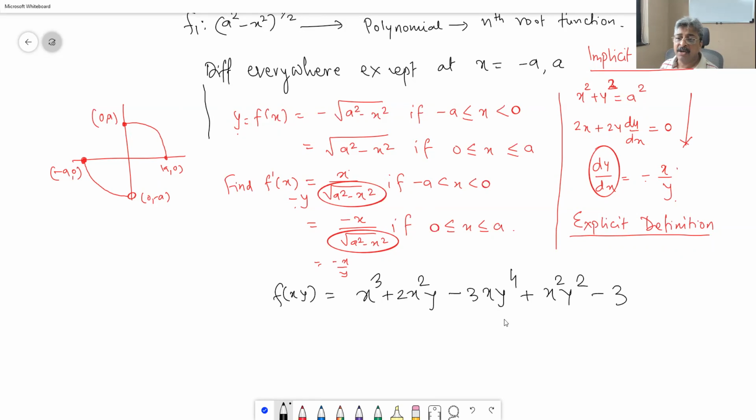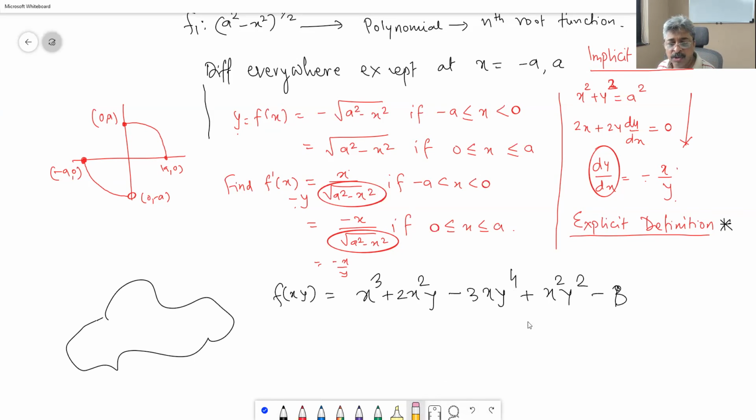If algebra is not allowing you to get y in terms of x, then explicit definition may not be possible every time. But this is a curve, maybe something like this in the xy plane, and suppose we could find some point on this curve.